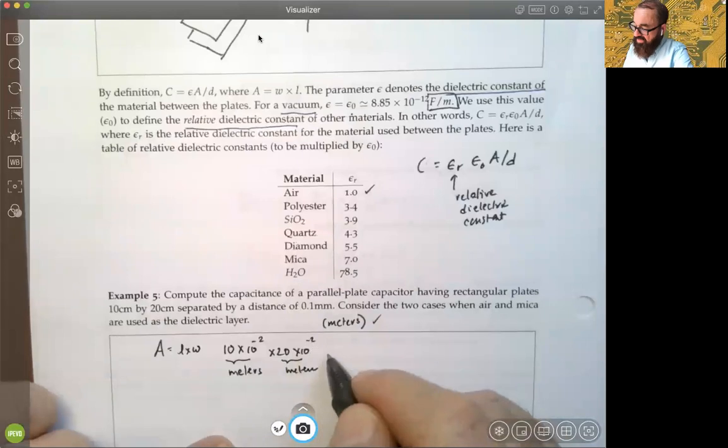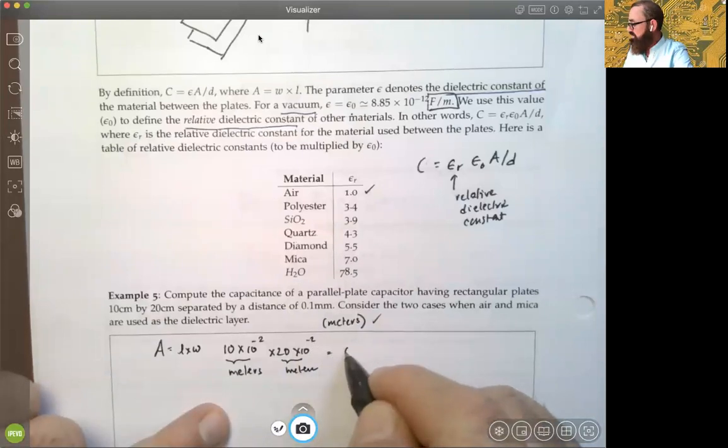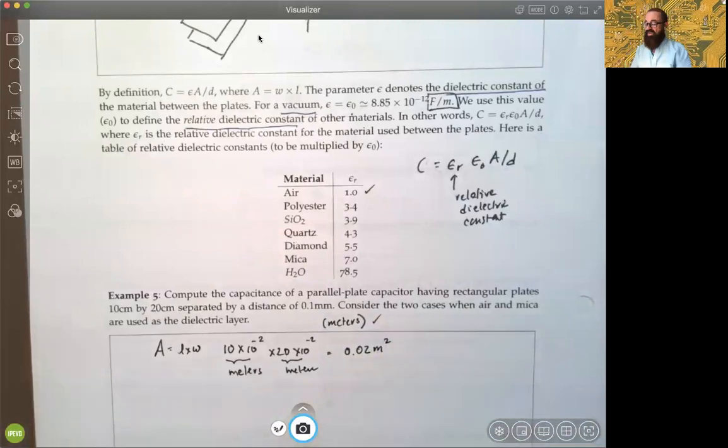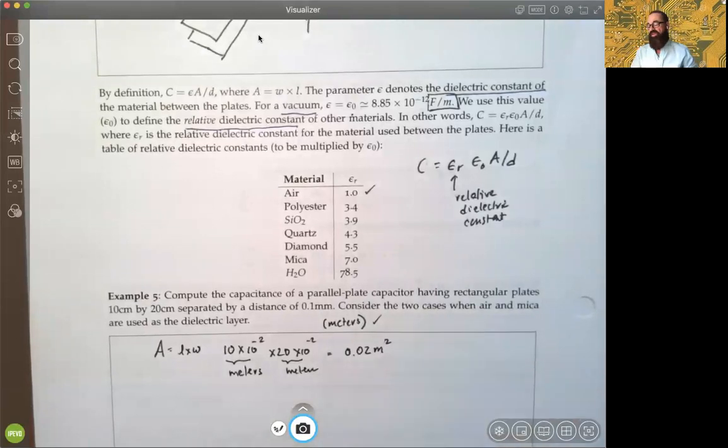And when we multiply that together, you're basically going to get 0.02 meters squared, all right? You're going to get 200, right, times 10 to the minus 2, and then you just move the decimal over and you're going to get 0.02, right? Excuse me, you're going to get 10 to the minus 4 times 200, okay?